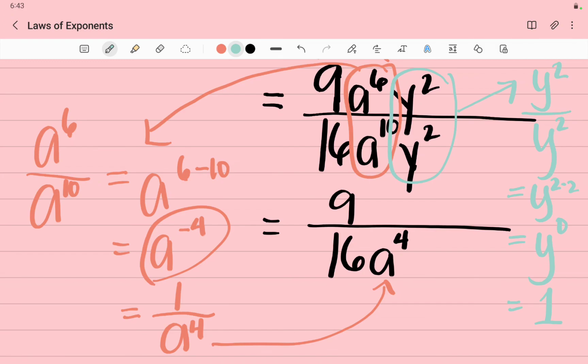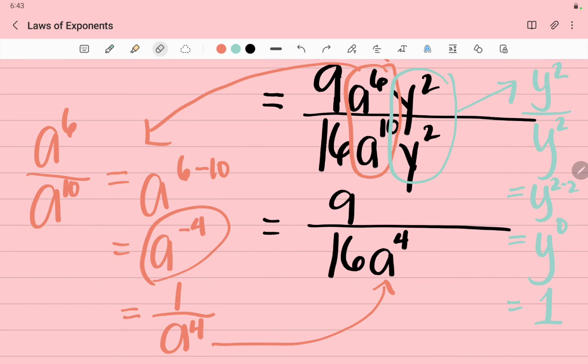It can be, but times 1 is still 9 over 16 a raised to 4.